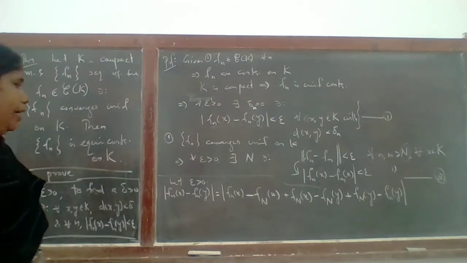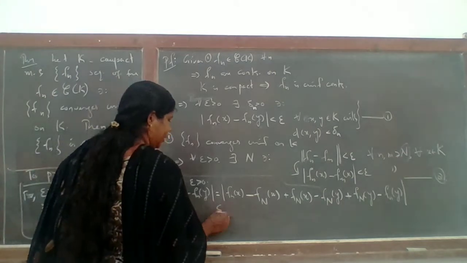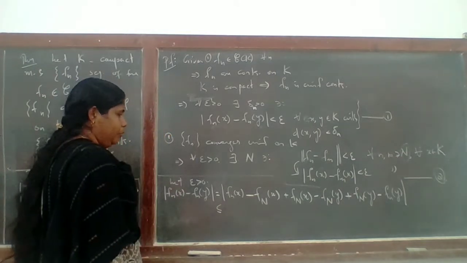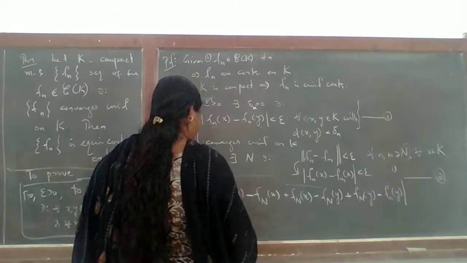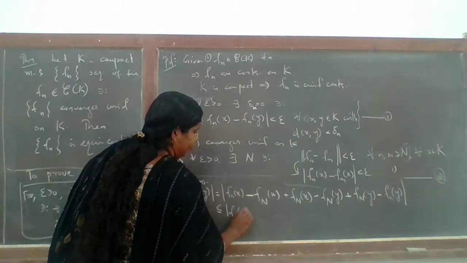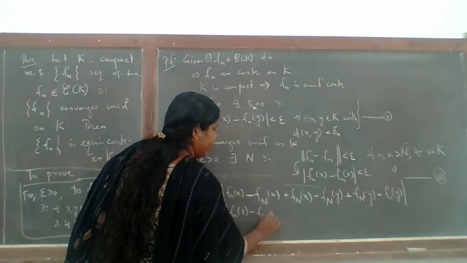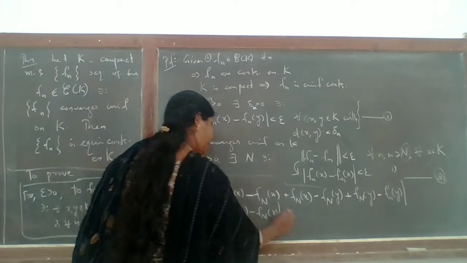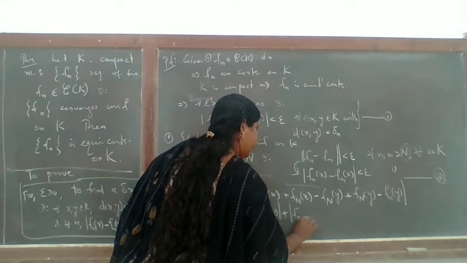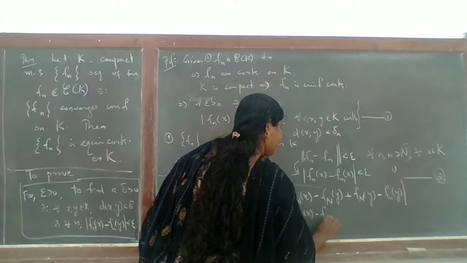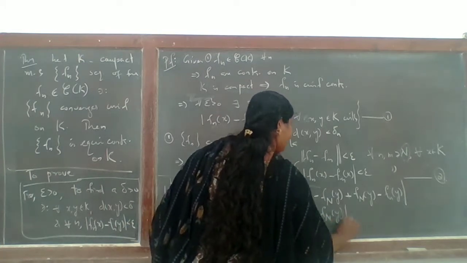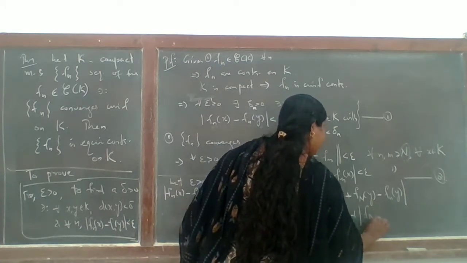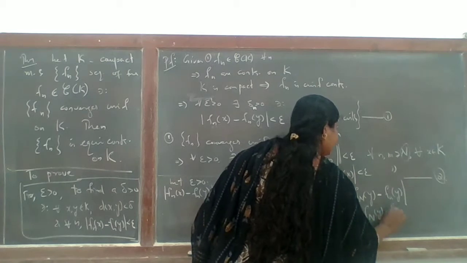So it can be replaced by three values. It is less than or equal to modulus of f_n(x) minus f_N(x), plus modulus of f_N(x) minus f_N(y), plus modulus of f_N(y) minus f_n(y).